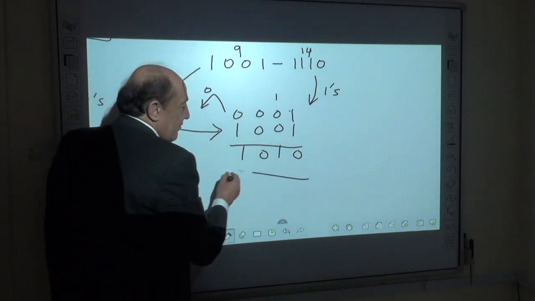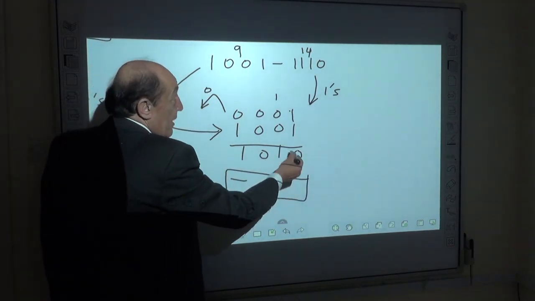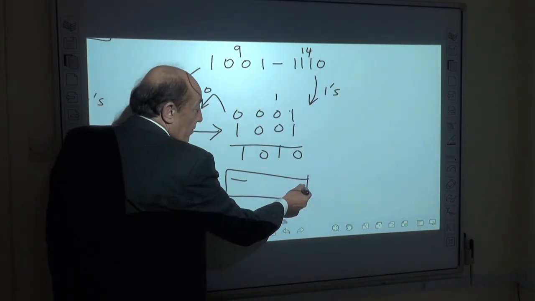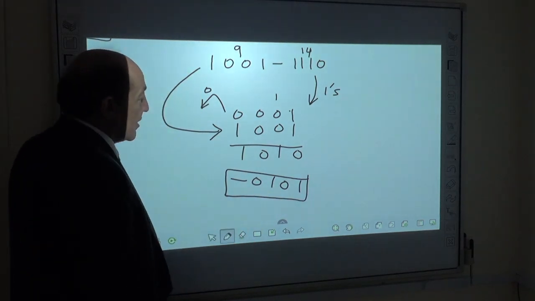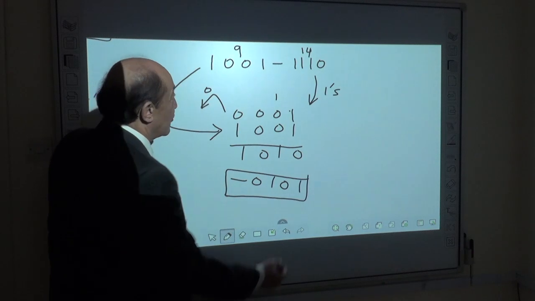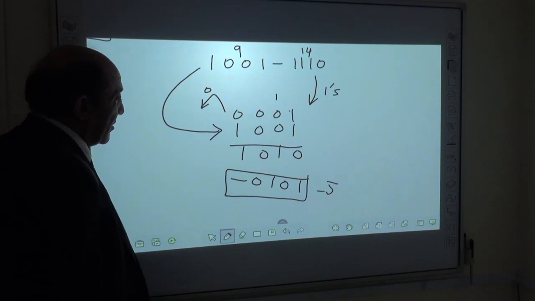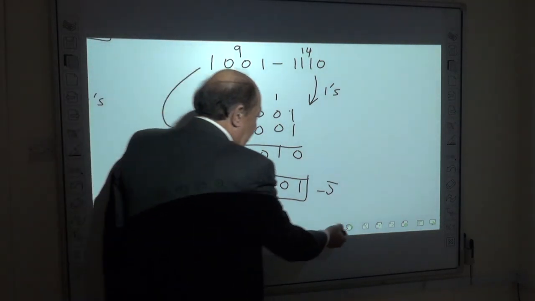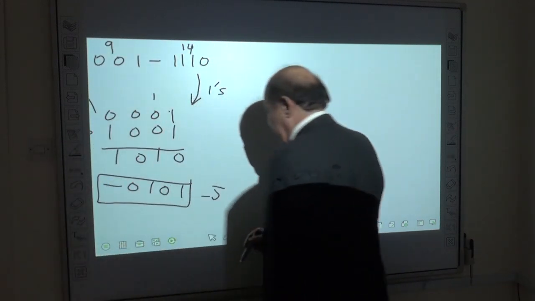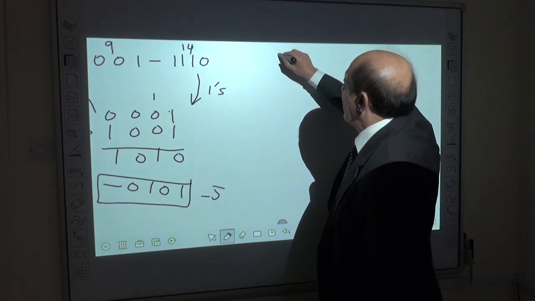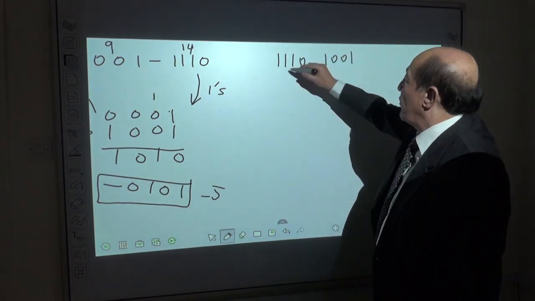So our result is negative. And represented in the complement form, in the 1's complement form, which is 1010. Really, minus 5. If the first number is greater than the second number, there will be a carry. So if we have 110 minus 100, vice versa, it's 14 minus 9.